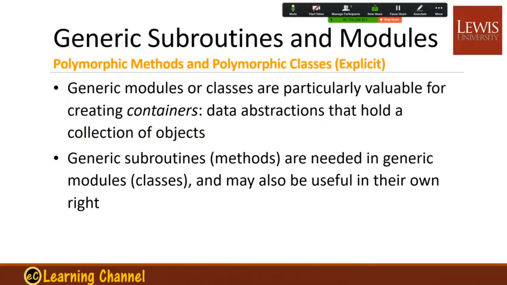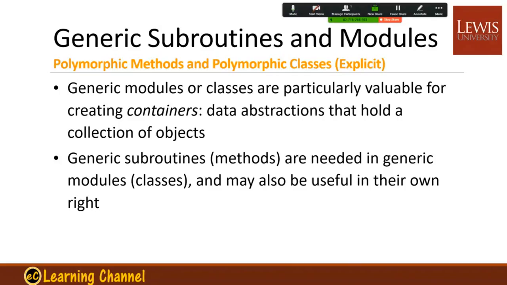So we have generic subroutines, generic modules, and generic containers. Generic modules are particularly valuable for creating containers. And then we have generic functions that are needed for generic modules. For example, a generic subroutine or method, something like generic sorting, can be used for different data types or different object types.